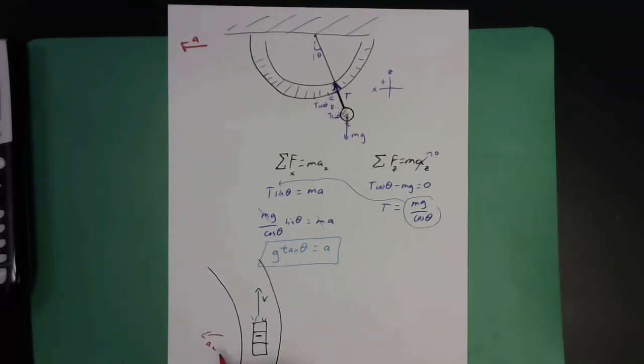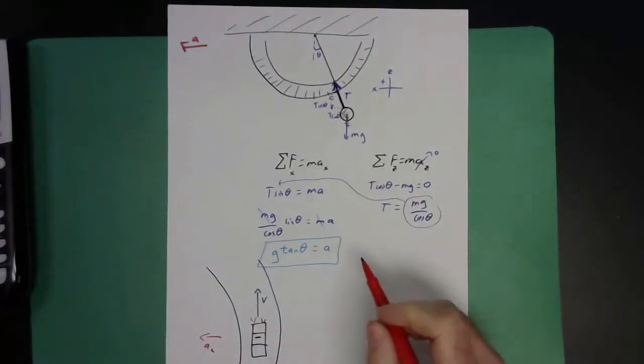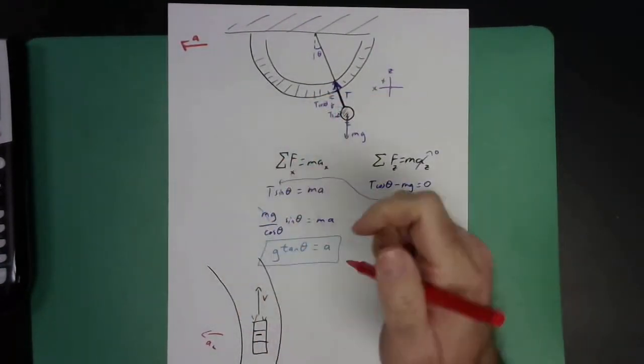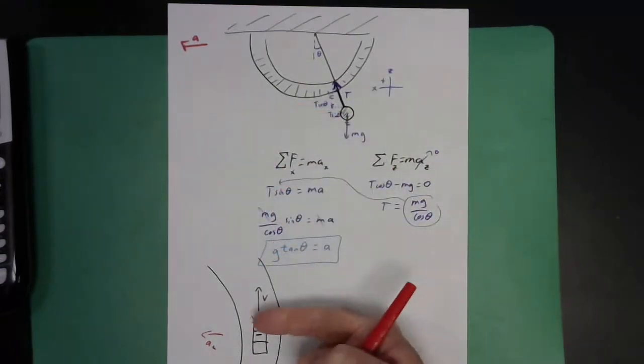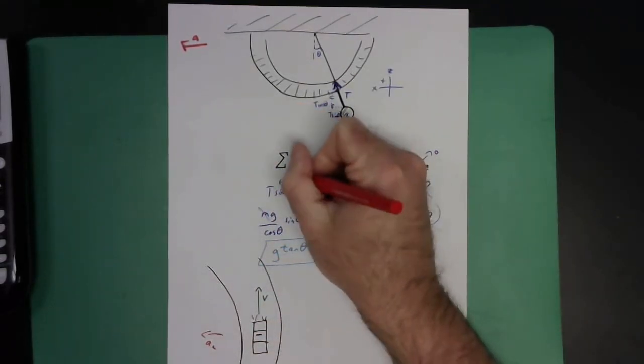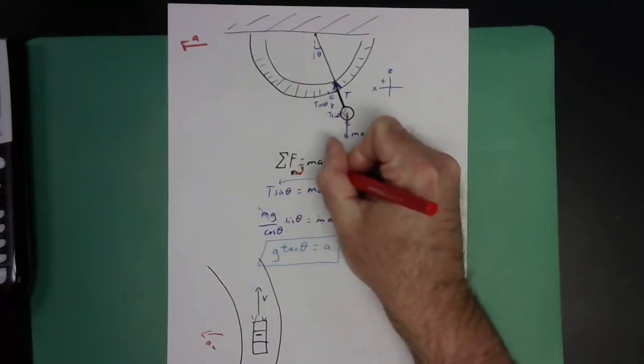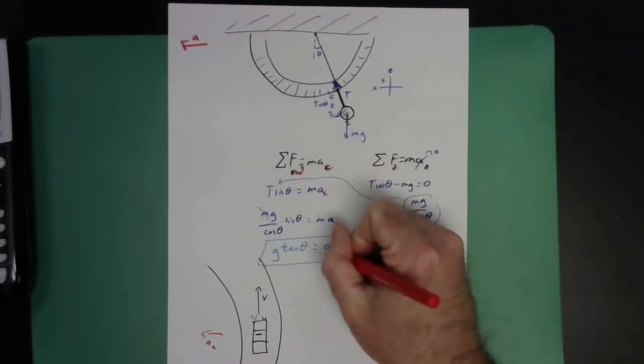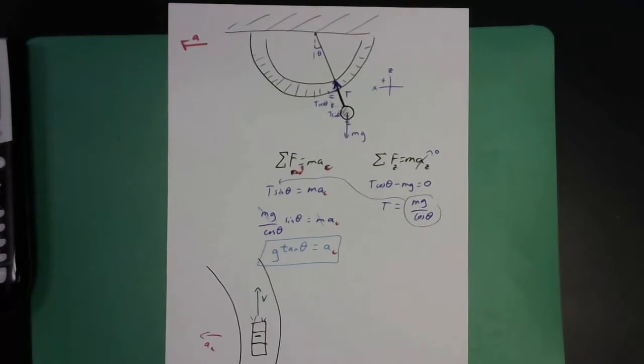That's the centripetal acceleration, and I can measure it by this exact same calculation. Except now, this is not x. This is actually the radial direction toward the center of the circle. So this is the centripetal acceleration. We are trying to find the centripetal acceleration when rounding the curve.